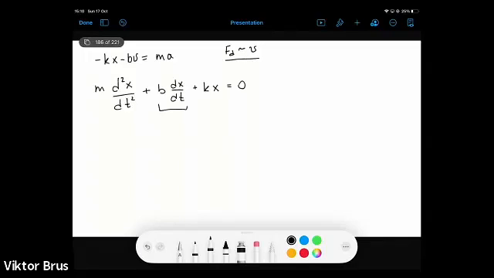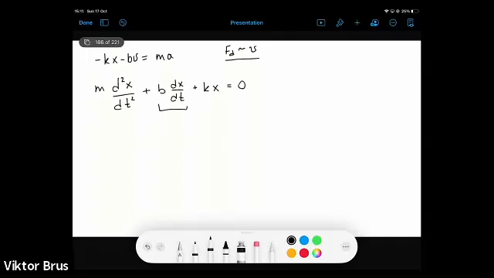Since it is the same type of differential equation, we also need to write down the characteristic equation and solve it. For the characteristic equation, let us maybe get rid of this m next to the second derivative.